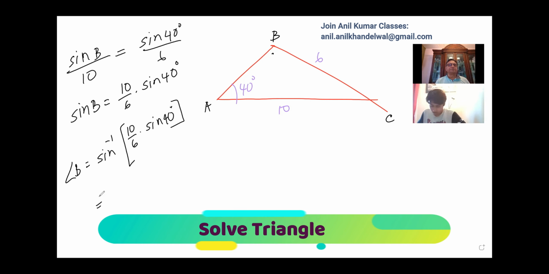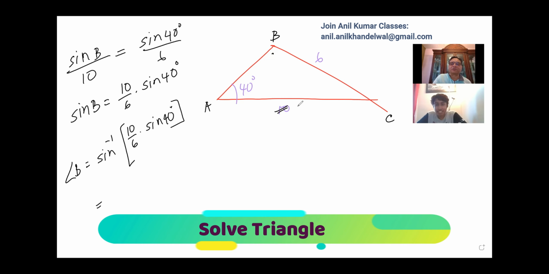What do you get? 40 degrees. Sir, when I did it, I get an error. Yeah, it keeps on showing error. For me also. So this value doesn't work. For this value, it will give you an error.